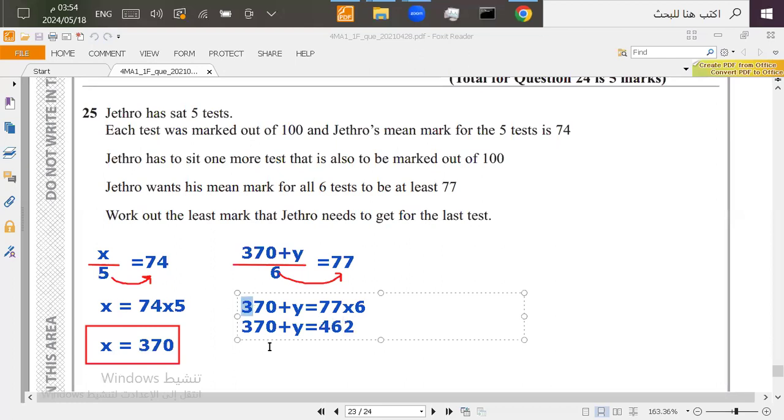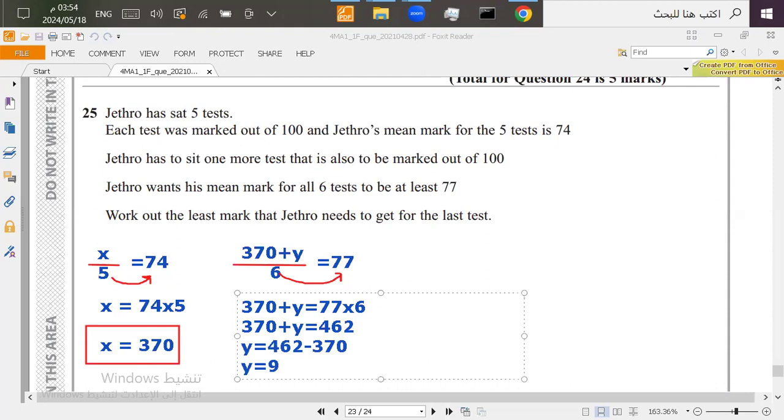Now, we're going to take the 370 to the other side by subtracting. So y equals 462 minus 370. So 462 minus 370 equals 92.